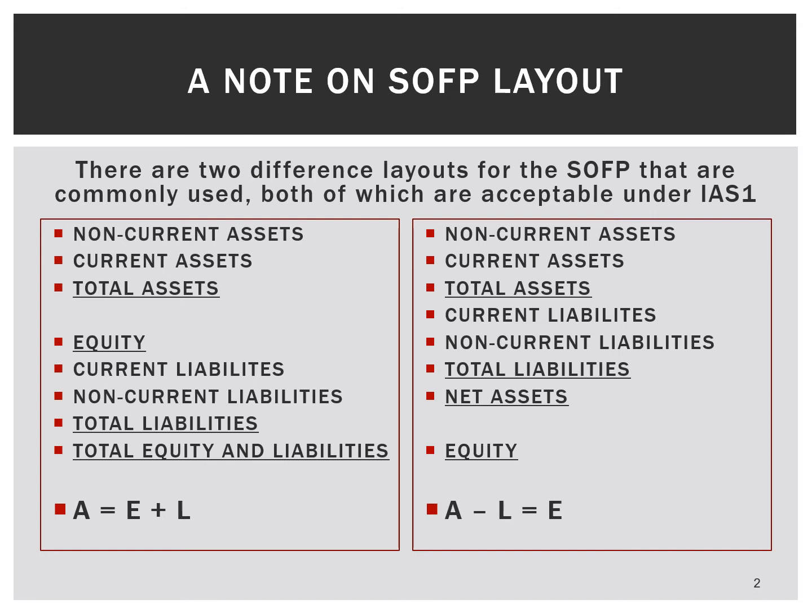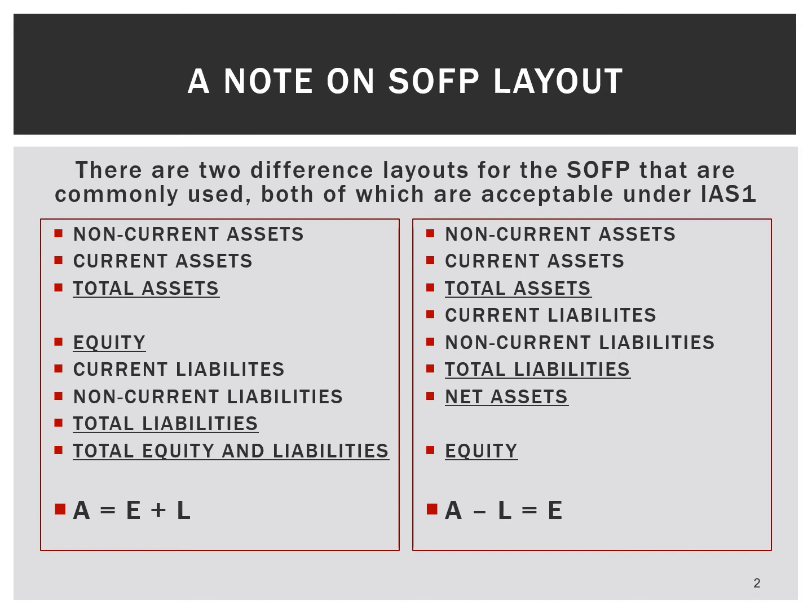So this second layout is more like the sole trader accounts that you might remember from level 3, where you've got a net asset figure equaling the capital account on the opposite side of the balance sheet. So in this case, thinking about the accounting equation, we've got assets minus liabilities equals capital, or in this case equity. So either layout is acceptable.